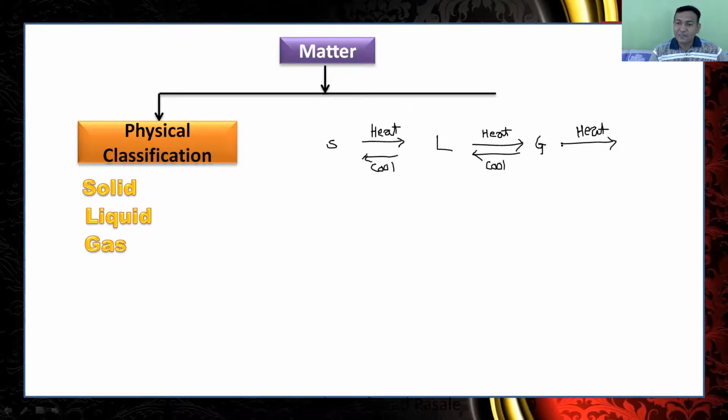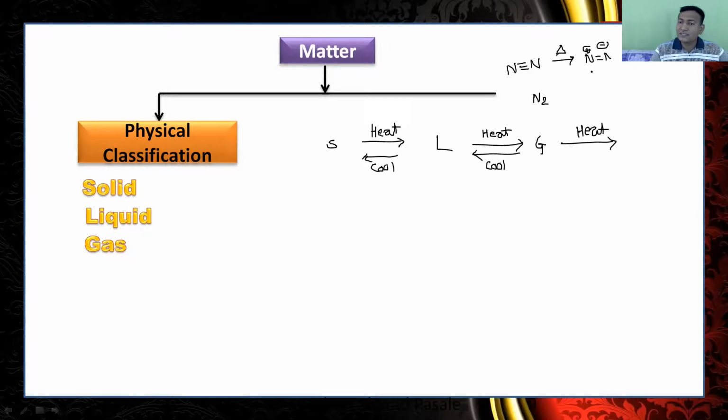And one person took the example of N2, nitrogen. You are all chemists, so you know nitrogen has a triple bond. They are bonded to each other with a triple bond. If we heat this nitrogen, there is a possibility of breaking a bond, and there will be formation of positive and negative ions.